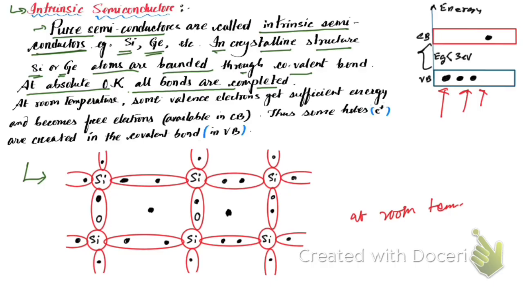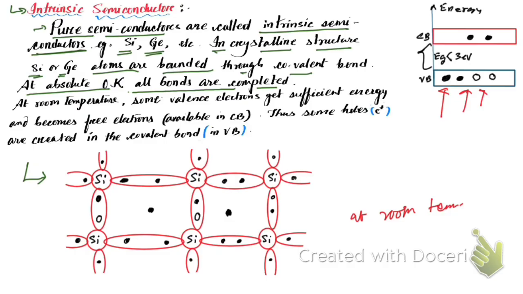Once this electron jumps to the conduction band, one hole will be created. Similarly, if this electron jumps to the conduction band, here also one hole will be created.